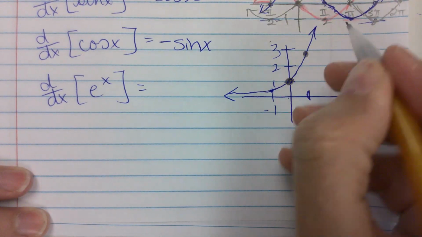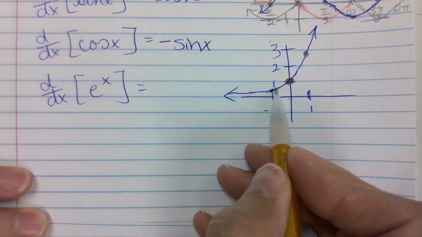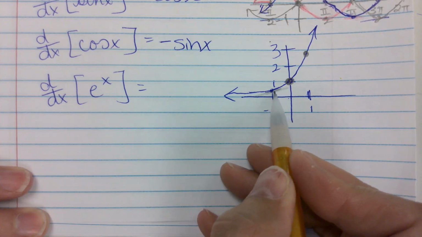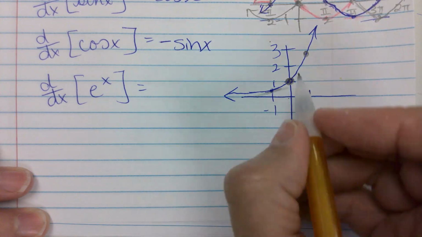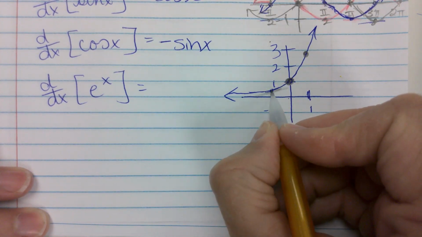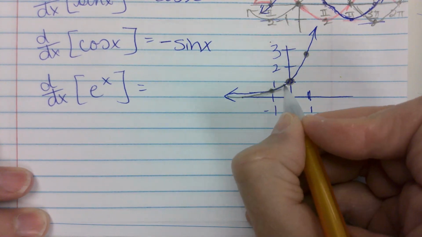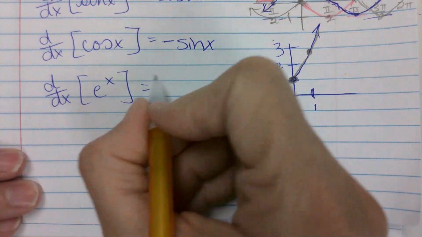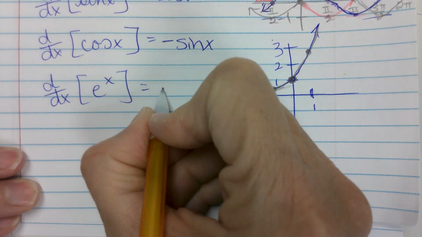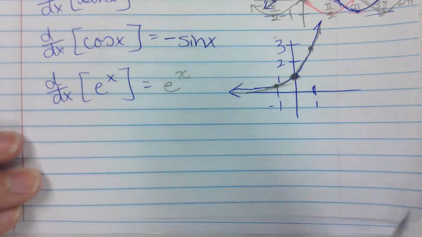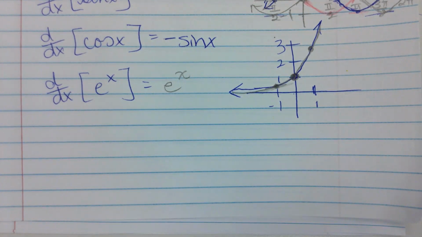What about here? 1/2-ish, 1/3-ish? Maybe 1 over 2.71828. So it turns out that the derivative of e to the x is just itself. That is crazy.